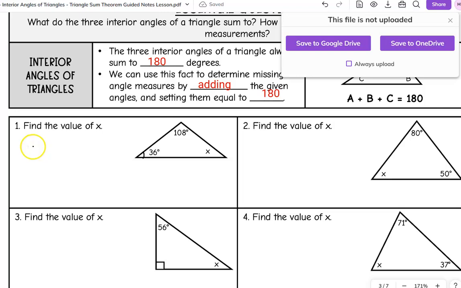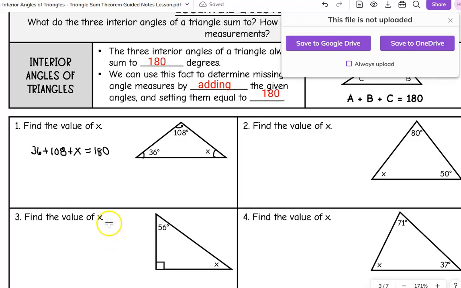Angle 1 is 36 degrees. Angle 2 is 108 degrees. And remember, we're going to add them and set them equal to 180 so we can solve. We don't know angle 3. They've called it x, so it's the unknown, the missing value that we don't know. But I know when I add them all up, they have to equal 180 degrees.